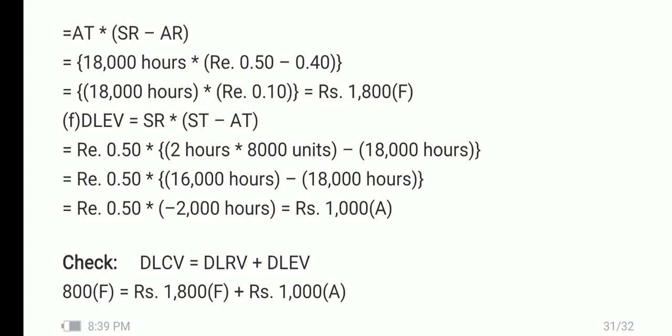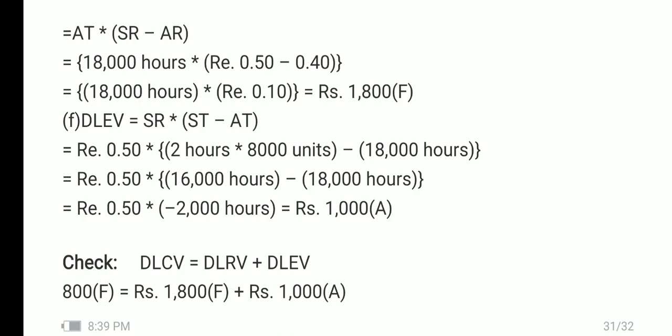Now, efficiency variance is equal to SR into ST minus AT. That is SR, standard wage rate, is 50 paise into standard time is 2 hours per unit. Therefore, for 8000 units, 2 hours into 8000 units, 16,000 standard time minus actual time 18,000 hours.